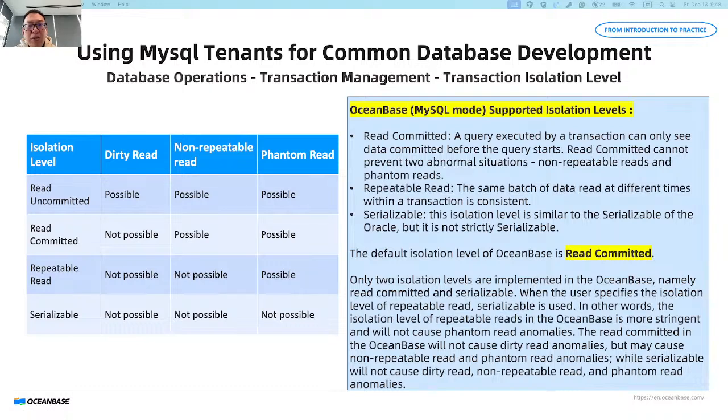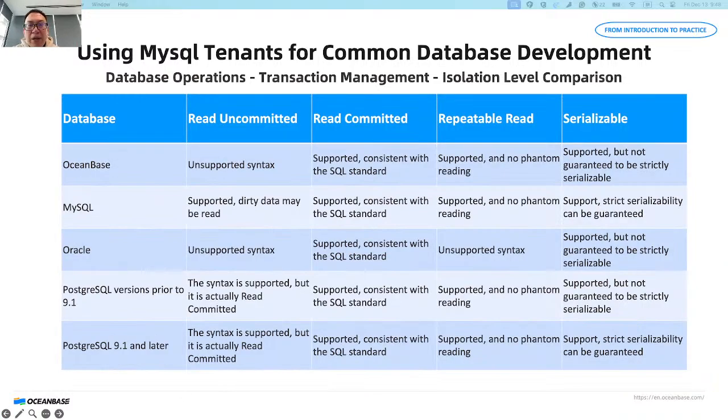OceanBase in MySQL mode supports read committed, repeatable read, and serializable, 3 isolation levels. The default isolation level of OceanBase is read committed. Next, we can see the comparison between OceanBase and other common databases in terms of isolation level. Feel free to check it out yourself.